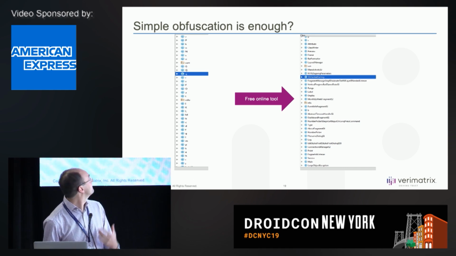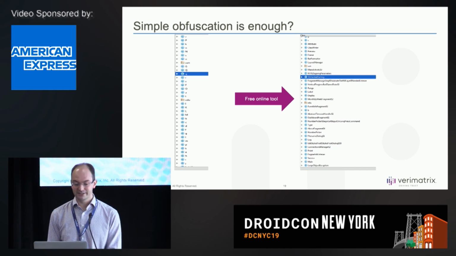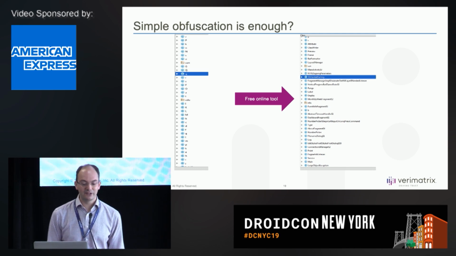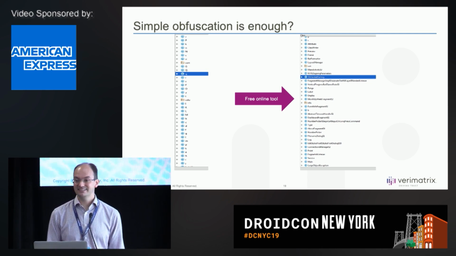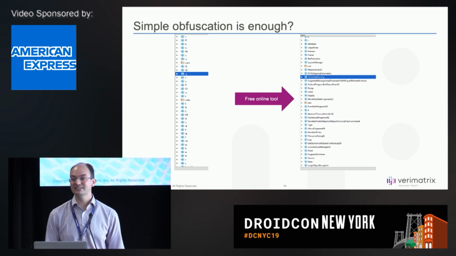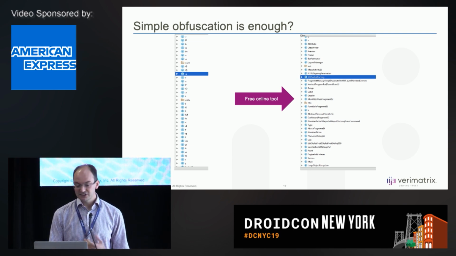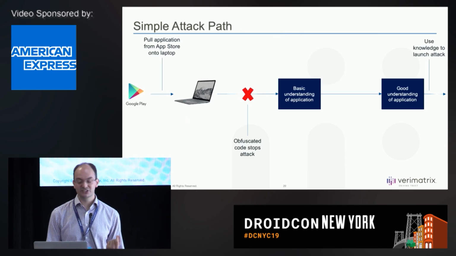So we can see this package queue here, which looks benign, it doesn't look interesting. Once we've run it through the free tool online, suddenly this is the SSL socket factory. This is interesting. This is the start of our secure network comms to the back-end system. If I'm going to attack it, I've already found something interesting. So obfuscation's good, but it's not enough.